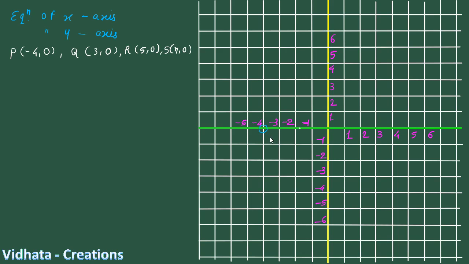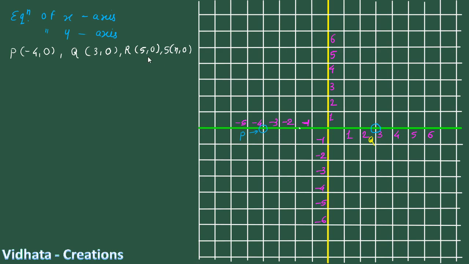Okay, this is point P, I will write it here. Now let us plot the point Q (3, 0). The x coordinate is 3 and the y coordinate is 0, so the point is here. This is point Q.